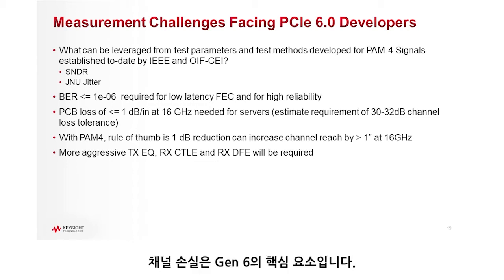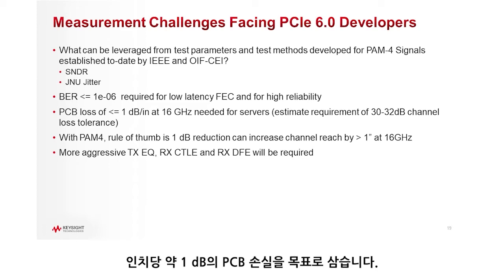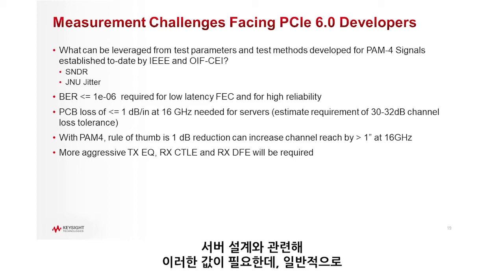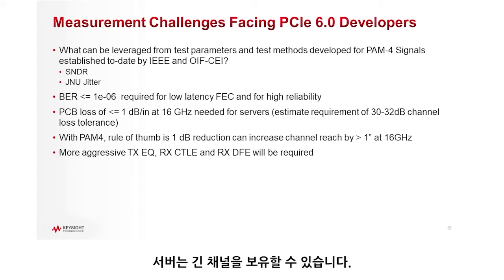Now, channel loss is going to be a significant factor for Gen 6. So we're targeting a PCB loss of about 1 dB per inch, and that's 1 dB in about 2.5 centimeters at 16 gigahertz. It's thought that we need this for server design because typically a server can have a long channel.